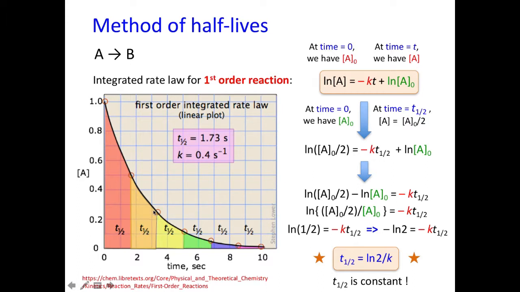And then we keep doing this, and we can see that all half-lives are the same. So they don't change. Graphically we can see this, and analytically we can see this expression that doesn't depend on concentration. If you have the rate constant k, you can promptly calculate t half, which is always constant. So this is typical for a first order reaction.